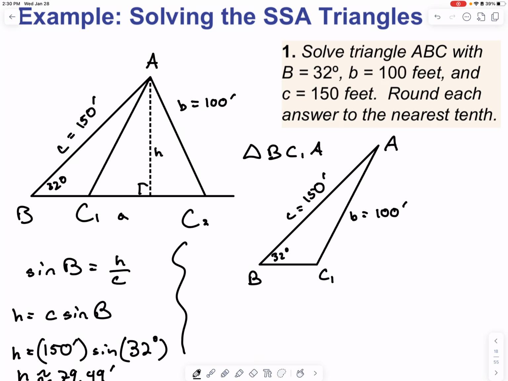So if we want to solve this triangle, we're given angle B and side B. So if we use the law of sines, let's go ahead and find angle C1. Let's back up. If we take the sine of angle C1 over 150, it should equal the sine of 32 degrees over 100 feet.